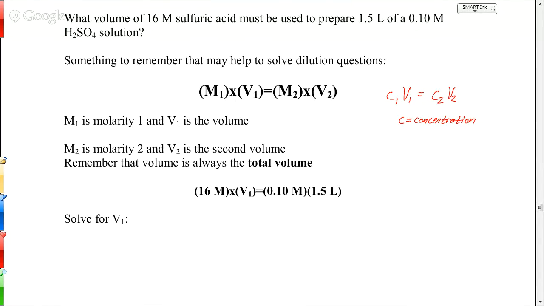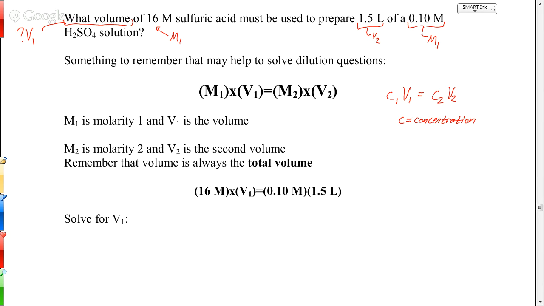All right. So here's an example problem. What volume of 16 molar, which is concentrated sulfuric acid, must be used to prepare 1.5 liters of a 0.1 molar sulfuric acid solution? So this is our concentration 1, or M1, the concentration of the original solution. The volume, that's V1, because we don't know what volume, so that's the unknown. And then our final solution is going to be 1.5 liters and 0.1 molar.